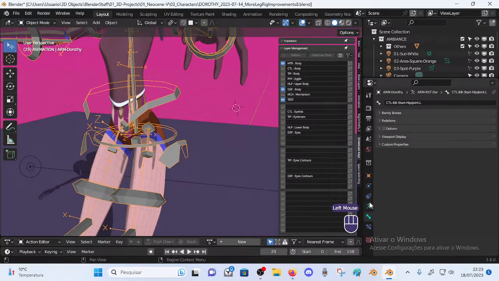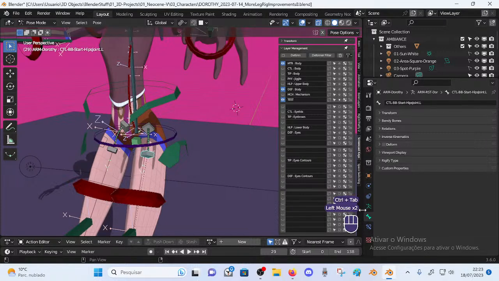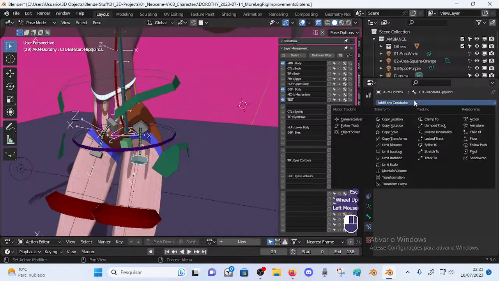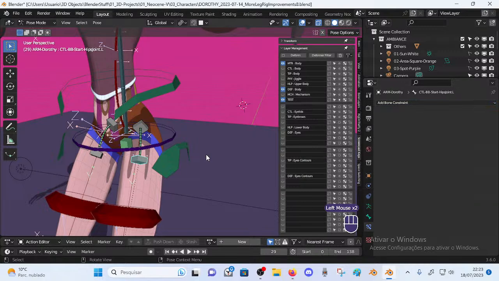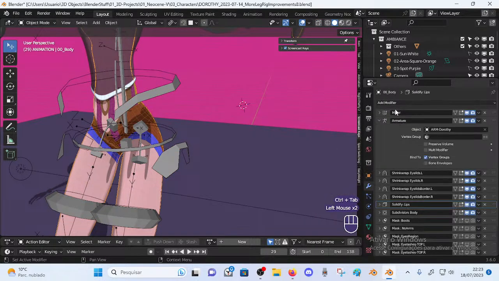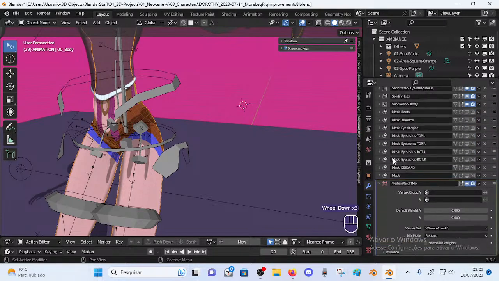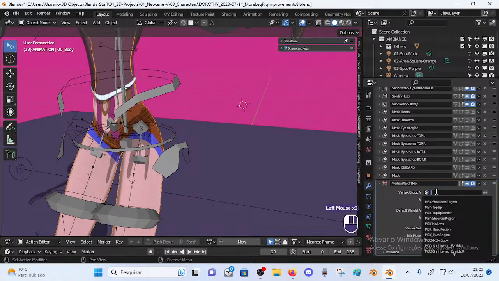But then I've started to understand a bit of bone constraint, which is, is it a bone constraint? No, it's an object modifier, particularly this vertex weight mix, not the edit, the vertex weight mix, sorry, which allows for toggling, if I understand well, between two different vertex groups.